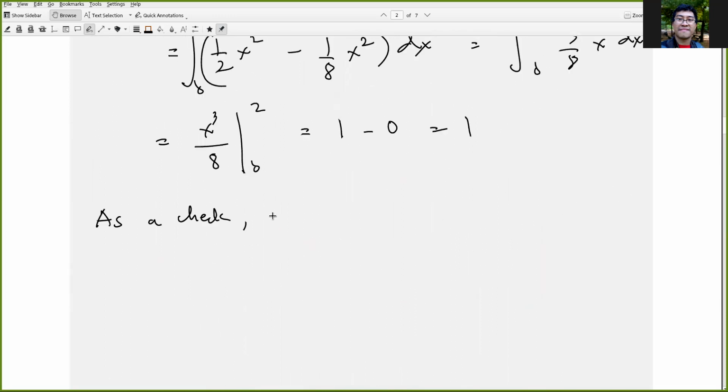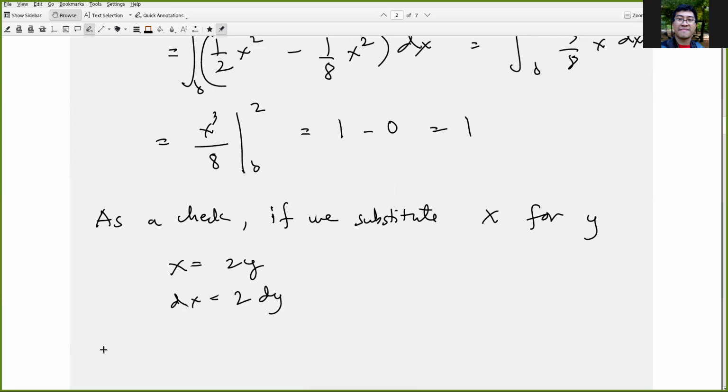So if we substitute some expression for x in terms of y, then we have x equals 2y, and taking the derivative, dx equals 2 dy.